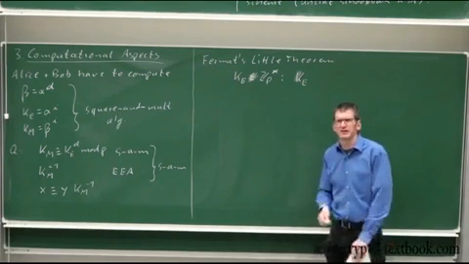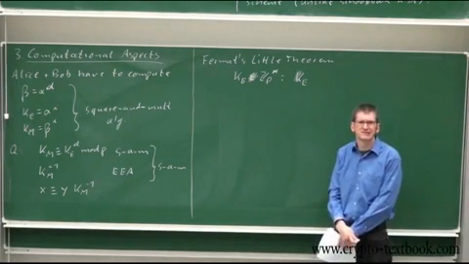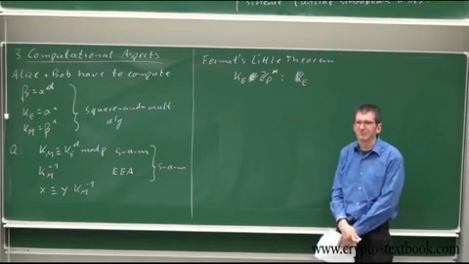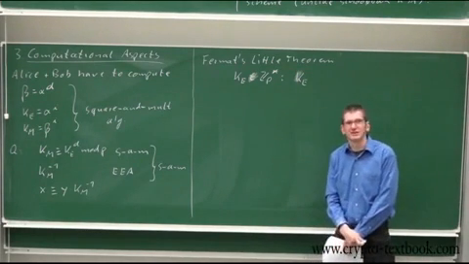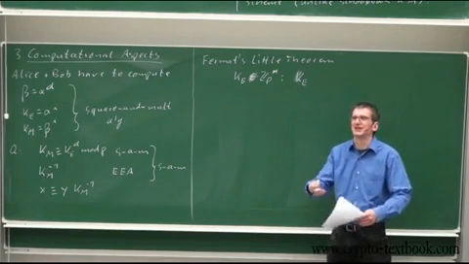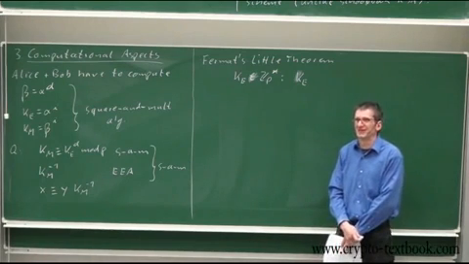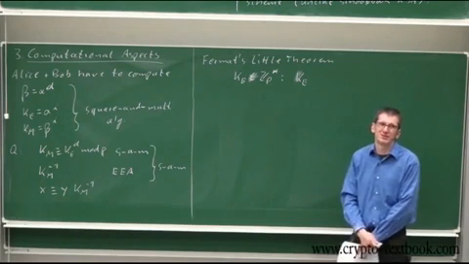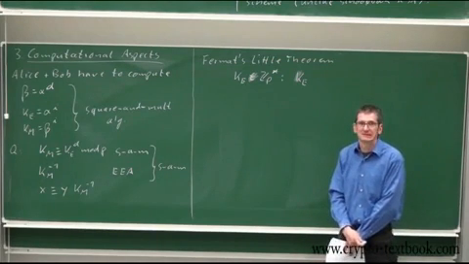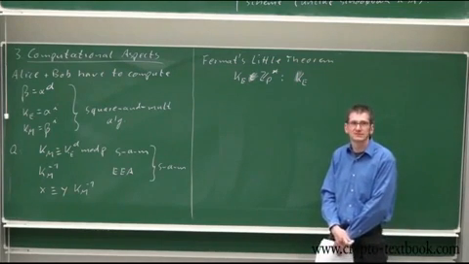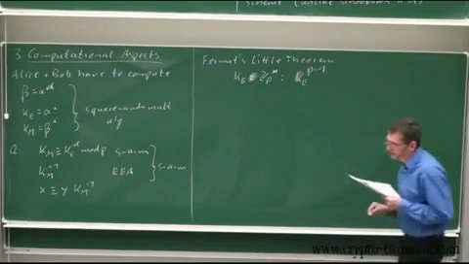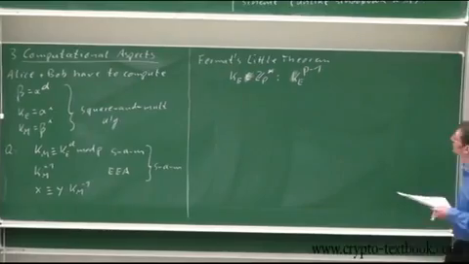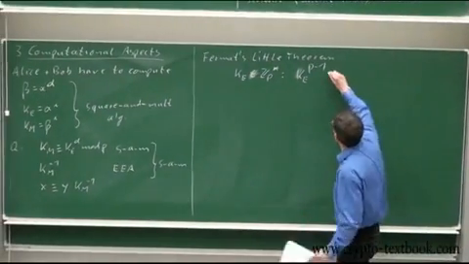Does anyone know what Kleine Fermat is? Does anyone have recollection? Any idea? I never ask you to memorize that, but it would be very encouraging if there are some very smart students with very good memory that would remember. Anybody makes me happy today? No? Okay, so you don't have to make me happy. So you raise it to the p minus 1 power.